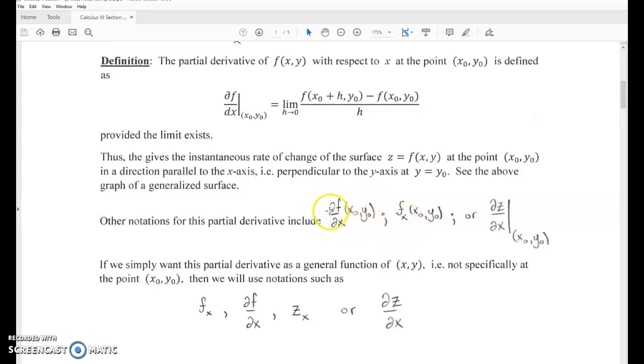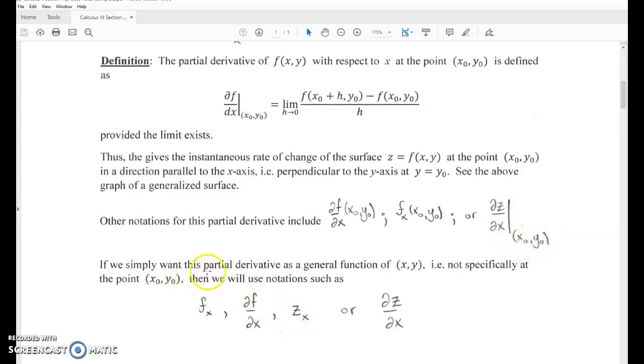Some people really don't like to use this notation, so they'll go to a shorthand notation where they'll say f sub x. That sub x means the partial derivative of f. If you put at x naught, y naught, it means you take the partial derivative of f and then evaluate it at x naught, y naught. Or some people will write del z by del x, because z equals f. This is just another way to write it.